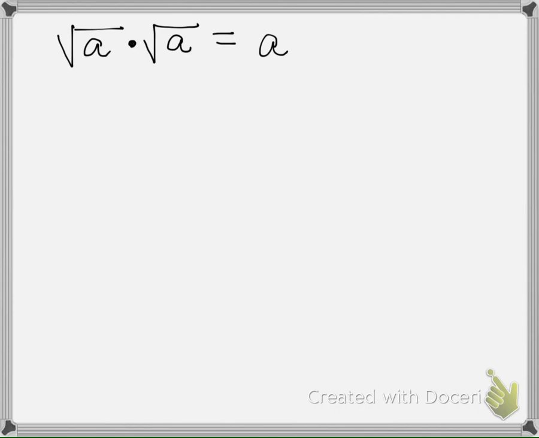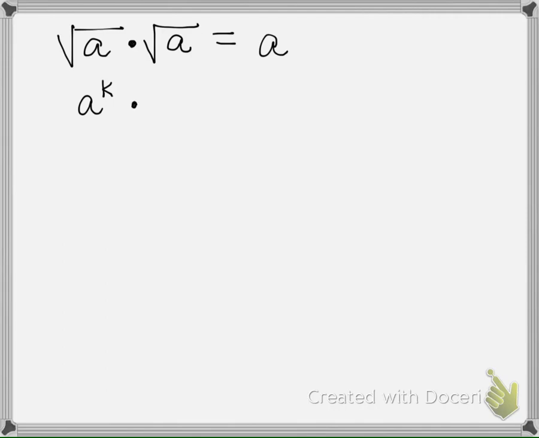My maiden name in high school was Klein, so I'm going to use a k. Because why not, right? We can use any letter we want. So I'm going to say this is a to the k power. I don't know what it is, right? That makes sense? I'm just replacing the square root sign with some unknown exponent we're going to call k.